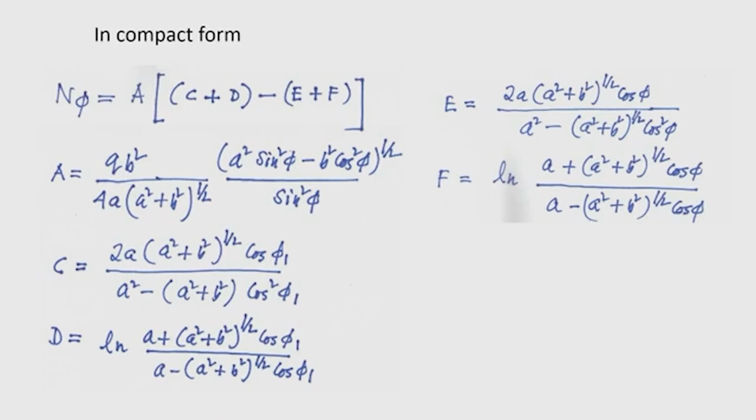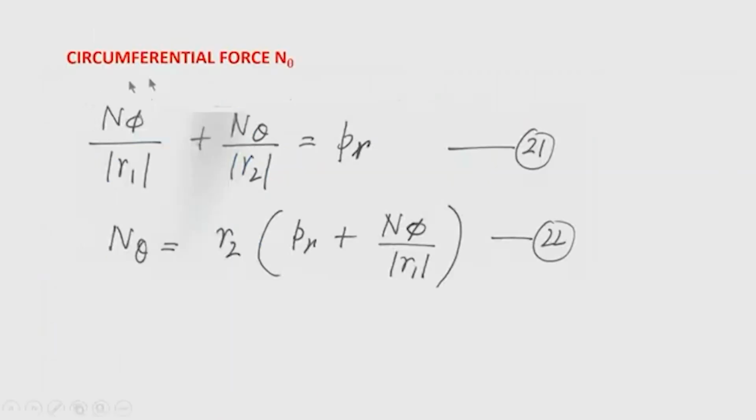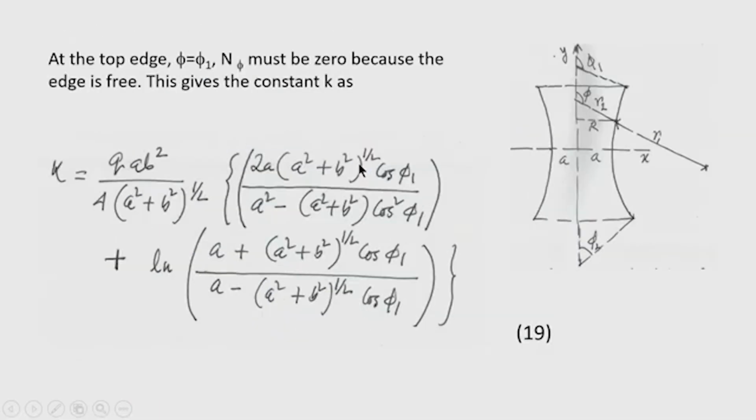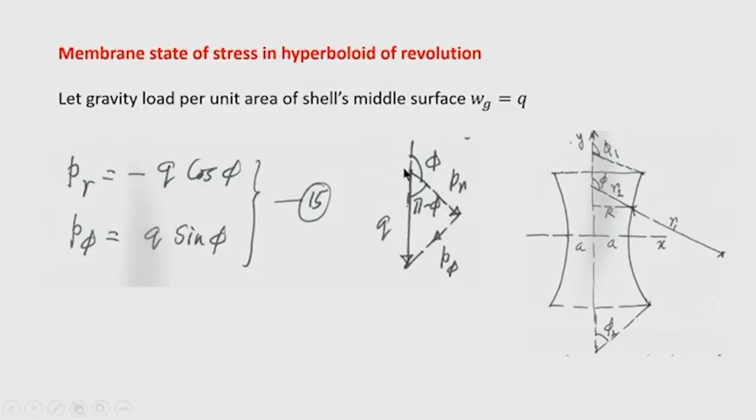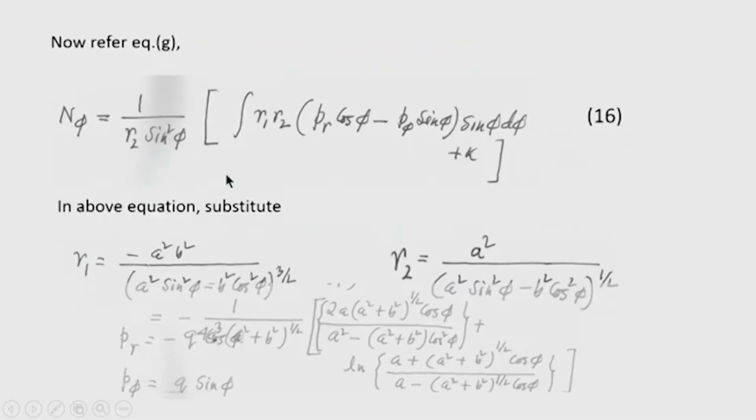Okay. So, once you obtain this n phi, then n theta you obtain by this equation: n phi by r 1 plus n theta by r 2 equal to p r. p r is the radial load, and we have seen that we resolve the component of q in the radial direction, and p r is minus q into cos phi.